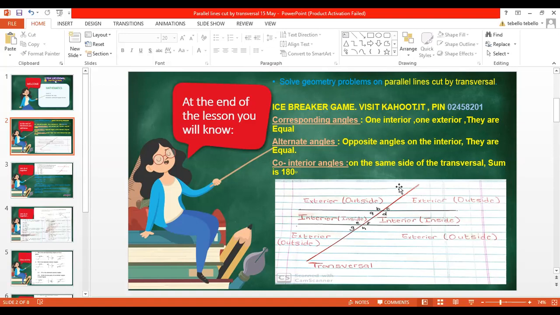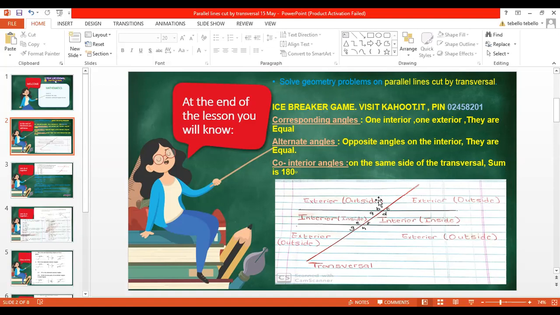Here's our E and B, that will be our pair. So if B equals 45 degrees, then E must be 45 degrees, because corresponding angles are equal.